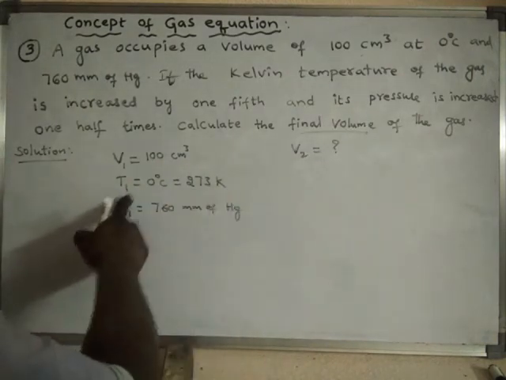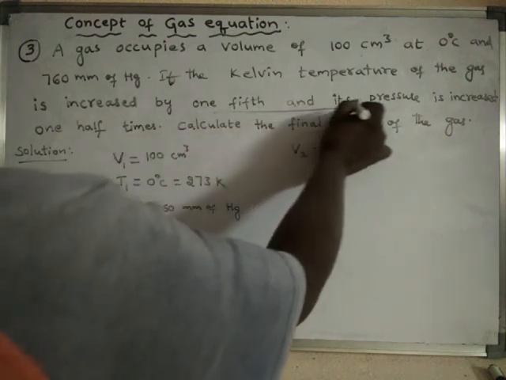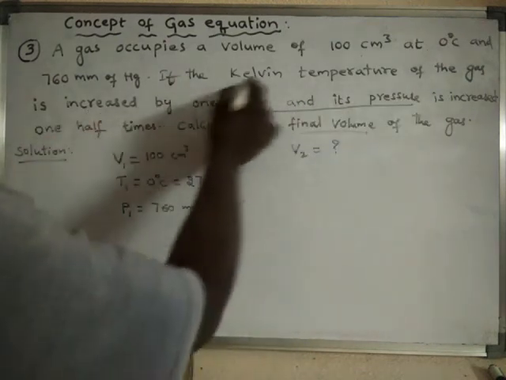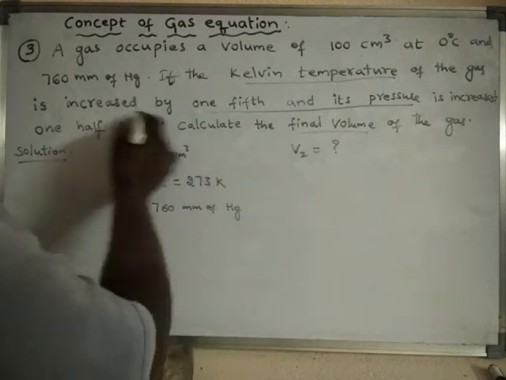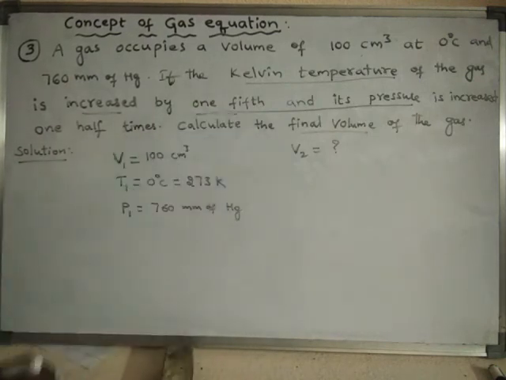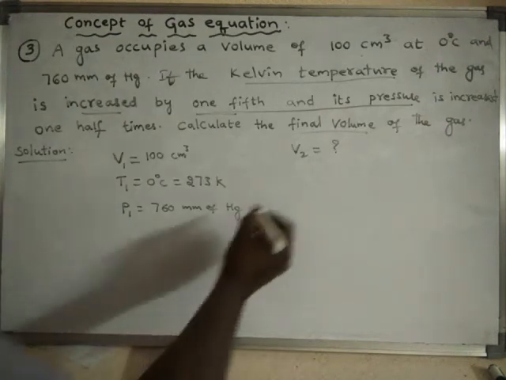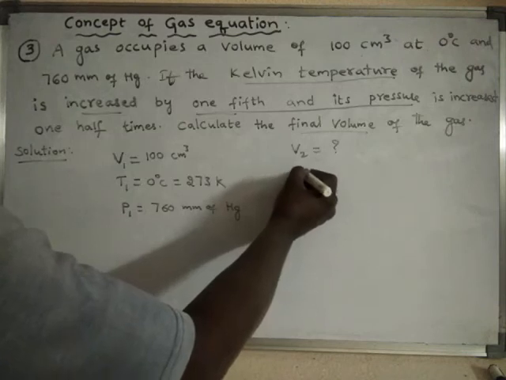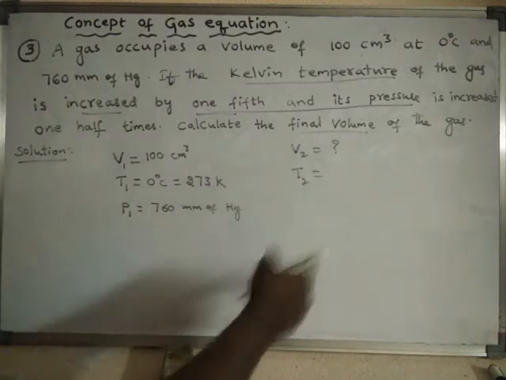When the Kelvin temperature of the gas is increased by 1/5, that means initially T1 was 273 and some value is increased.